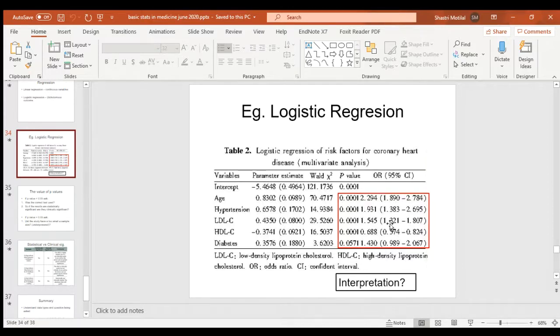Same for LDL, 1.3 to 1.8. It excludes the value 1. Therefore, it is statistically significant. LDL increases the risk of CHD. HDL, 0.57 to 0.82. This excludes the value 1, so it is significant, but the odds ratio in this case is less than 1. So what this means is that the greater your HDL, the odds of heart disease go down by a factor of 0.68, a fraction less than 1.